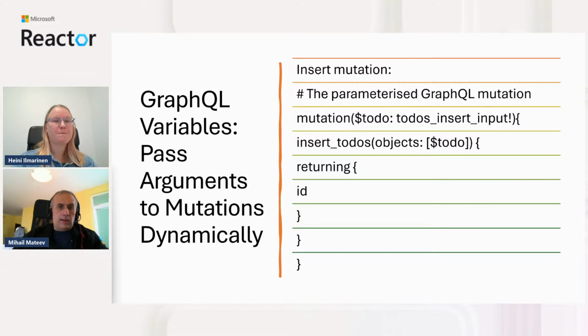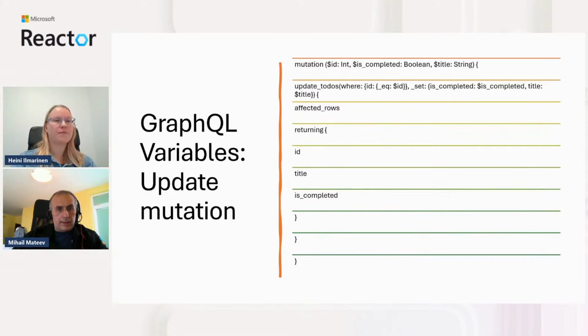Almost all mutations follow the best practices to use parameters, and it is better to use variables for these parameters too. Let's now see the other samples from the next slides.